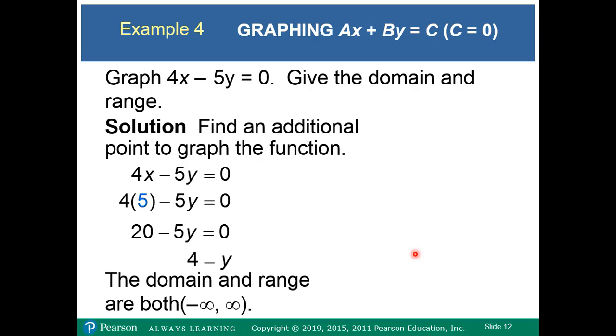In this case, we get 4. So now we get the point 5, 4. From this we find that this is definitely not a constant function.